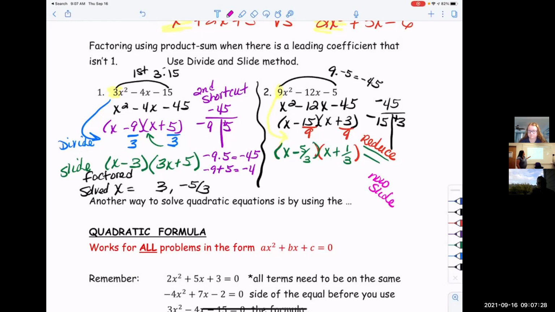All right, so when we slide, this 3 goes in front of its own x. This 3 goes in front of its own x. They slide within their parentheses. So my factored answer is 3x minus 5, 3x plus 1. And if I fold that, I would go right back to what I started with.